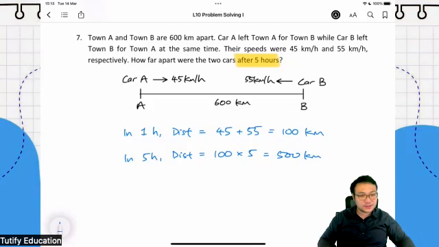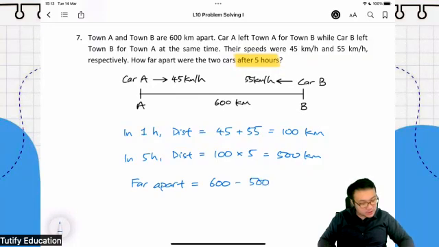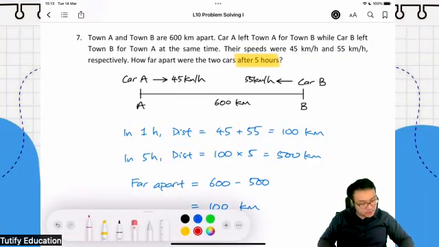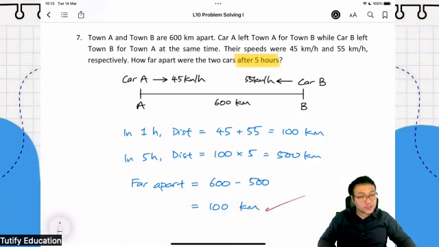Kavin, very good. Okay, so how far apart will they be? You realize that the total distance is 600, right? Both of them traveled 500 kilometers closer to each other. That means they will still be 100 kilometers away from each other.